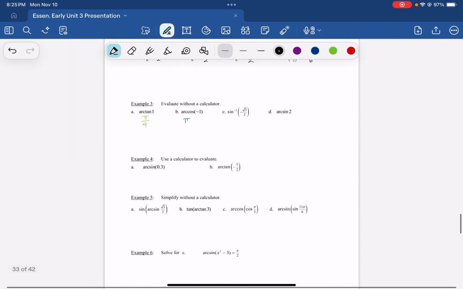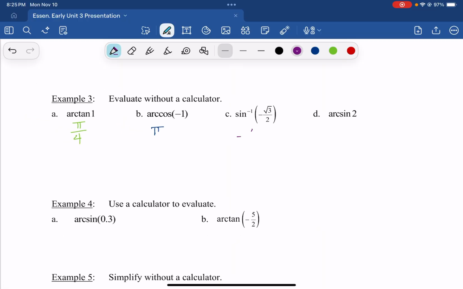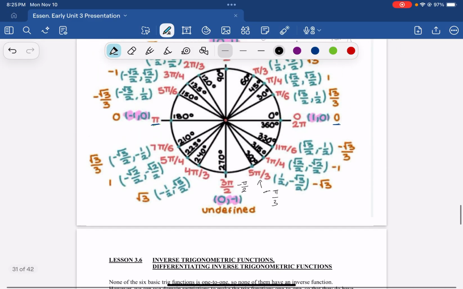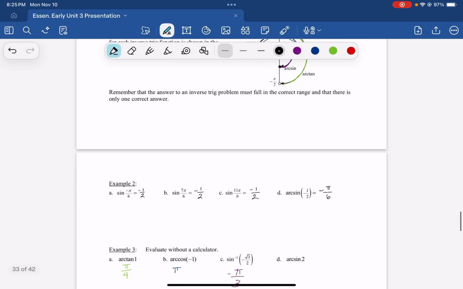And last, for D, arc sine of 2. Back at my unit circle, we look for when we have a y value of 2, and that does not happen on our unit circle.